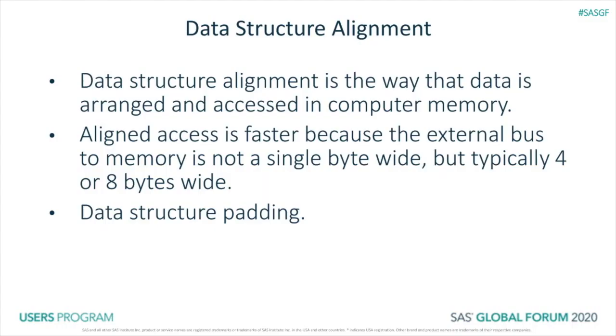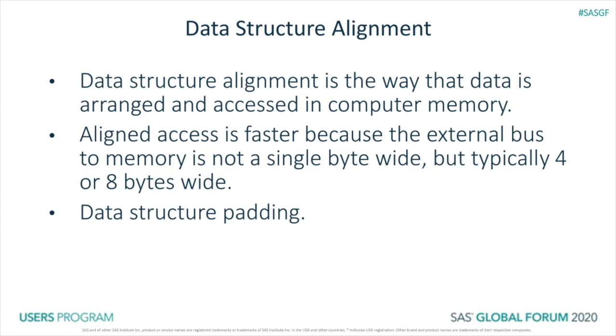The first concept in this section that we're going to need to understand is data structure alignment. Data structure alignment is the way that data is arranged and accessed in computer memory. Aligned access is faster because the external bus to memory is not a single byte wide, but typically 4 to 8 bytes wide.